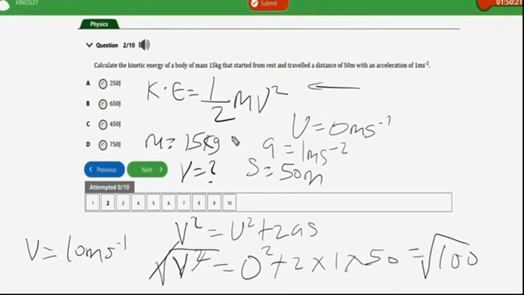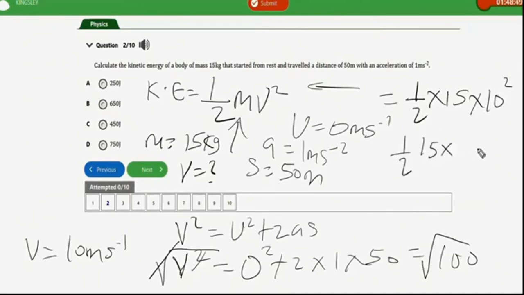So let's substitute it in this expression we have here. We have half times our mass, 15, times v square, where v is 10 square. So this is half times 15 times 10 square, which is 100. All right, so 2 into 100, we have 50.